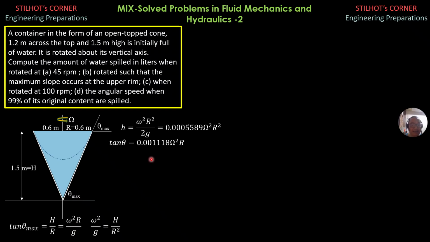If you evaluate pi square over 900 times 9.81, this is the numerical equivalent. So again, from this formula, H, which is H max, equals big R square over 2 times omega square over G, and omega square over G is big H over R square. Cancel R square. So H max is the height of the cone divided by 2.